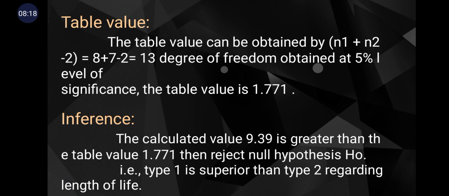Next is the inference, which is very important. The conclusion: the calculated value 9.39 is greater than the table value 1.771, so we reject the null hypothesis H0. That is, type 1 is superior to type 2 regarding the length of life.